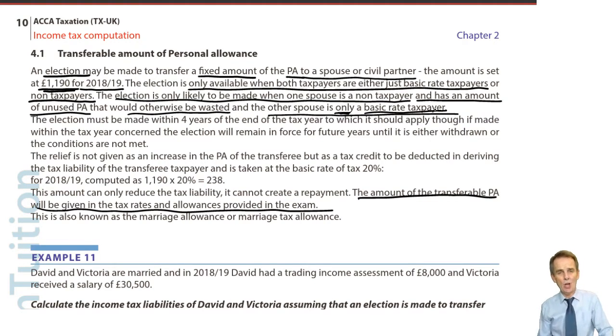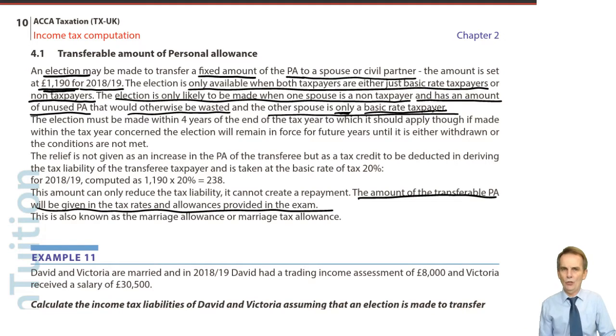So this election is only available where we've got basic rate taxpayers at the highest level. We can't go above basic rate. You cannot transfer this amount from someone who is a non-taxpayer to someone who is a higher rate taxpayer. It's only possible to a basic rate taxpayer.